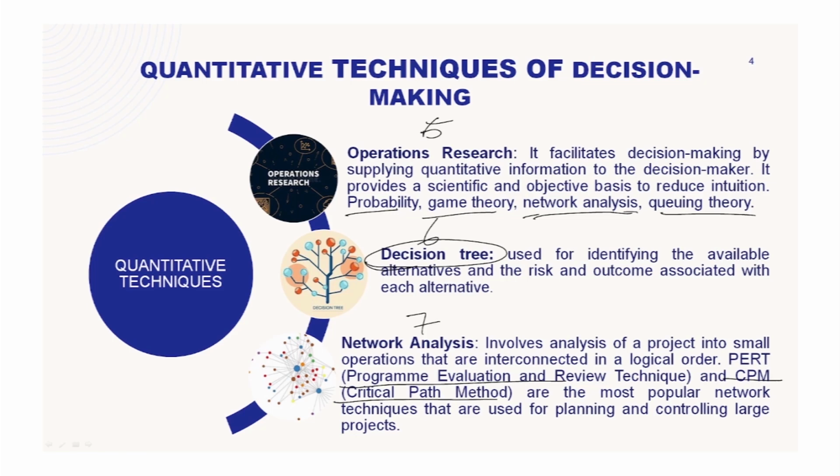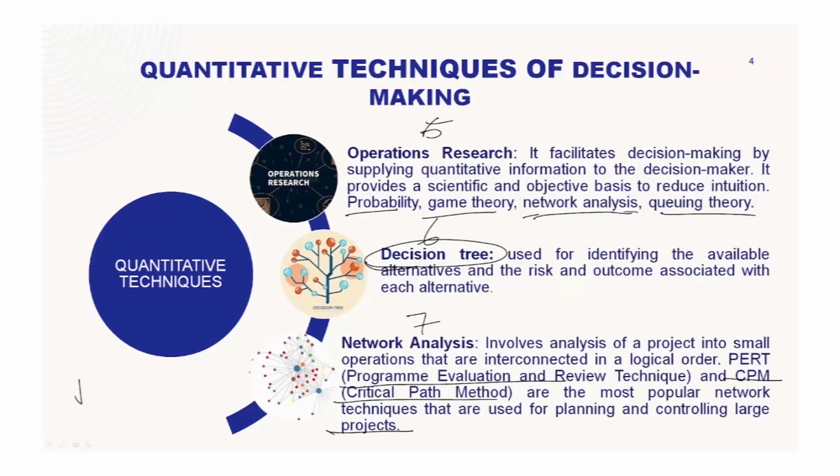These two techniques are the most popular network techniques that are used for planning and controlling large projects. So it totally depends upon the budget of the company, how much budget you have, and based on that you will be using the quantitative techniques. If the budget or the complexity of operation is too high, too many activities are involved within the company or the operation, you can use network analysis.